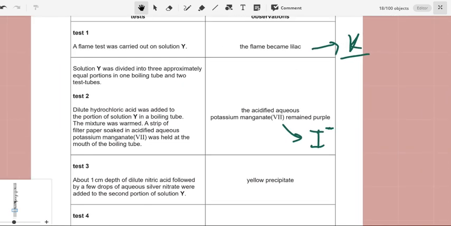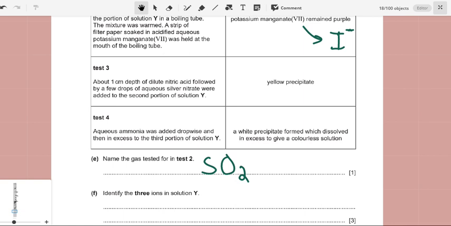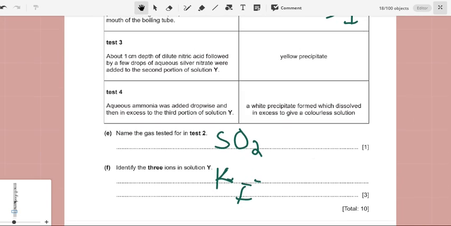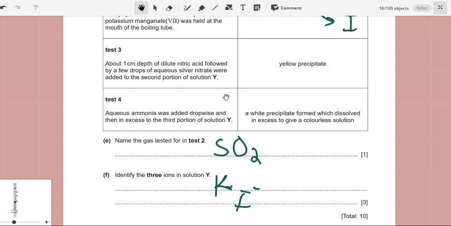And identify the 3 ions in solution Y. The 3 ions are, as we already discussed, the first is potassium, the second one is iodide, and the third one: aqueous ammonia was added dropwise, and then in excess, to a third portion of solution Y, a white precipitate formed which dissolved in the excess to give a colorless solution.